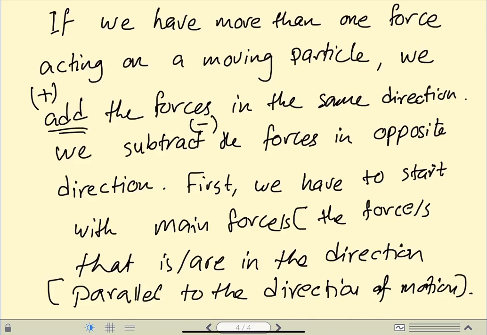Let us explain what we mean by in the direction or parallel to the direction of motion.